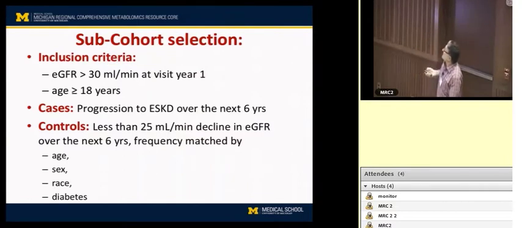Controls were basically matched by age, sex, race, and status of diabetes with the case group, except that they did not have decline of GFR, or if they did, it was less than 25 ml per minute per year.